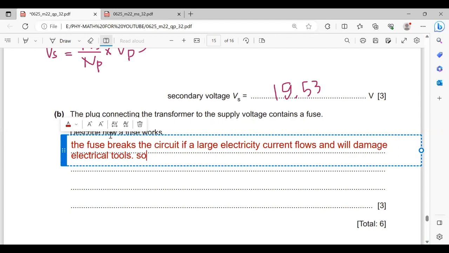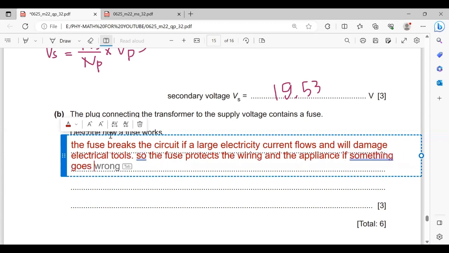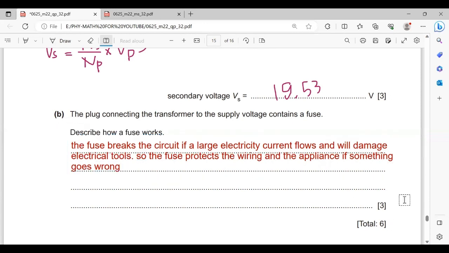So the fuse protects the wiring and the appliance if something goes wrong. Okay, that's the answer.